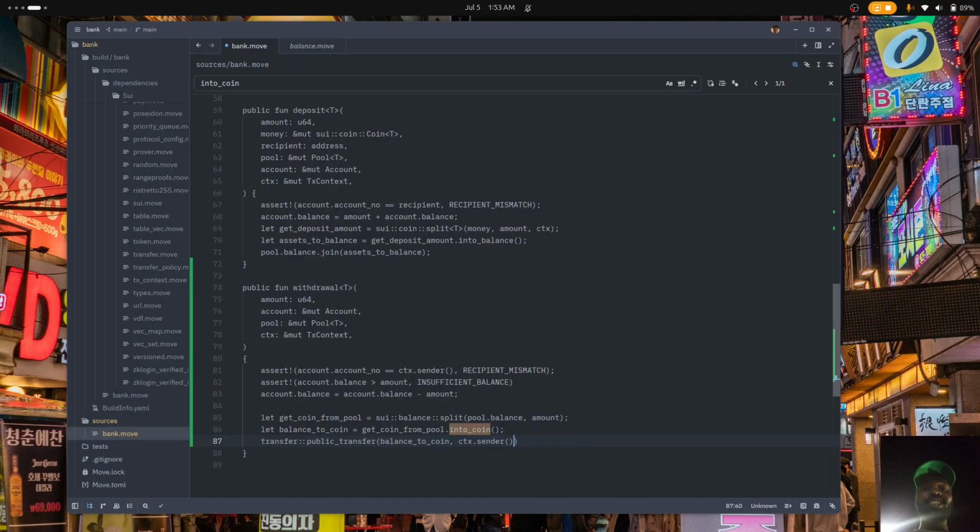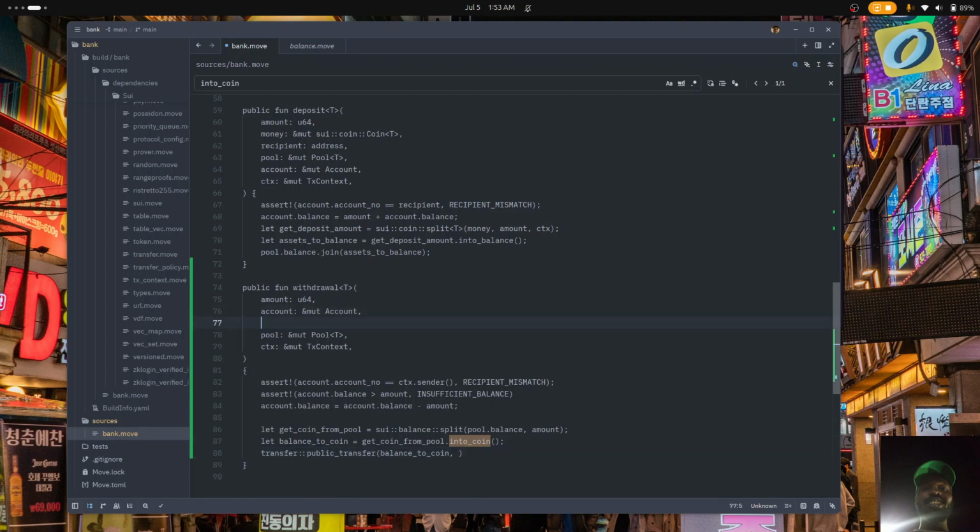So CTX is sender. So I'm sending to, let's respect ourselves. So withdraw. Now it is good to actually be flexible, so that implies I have to put a recipient here.